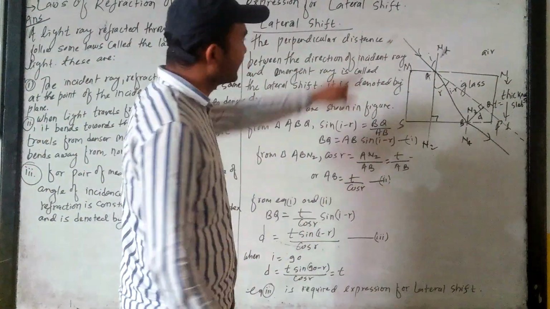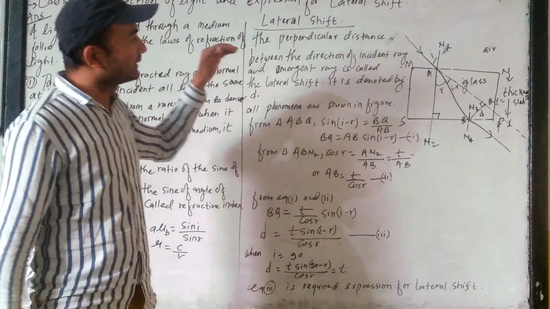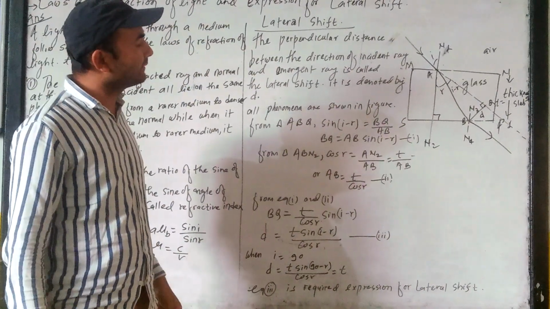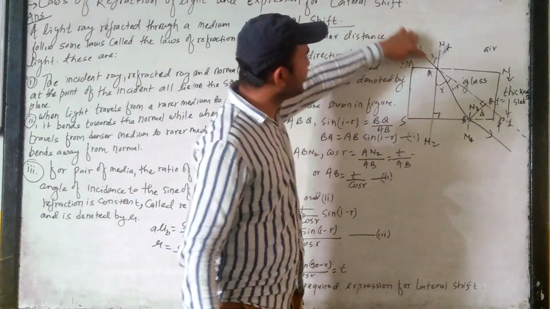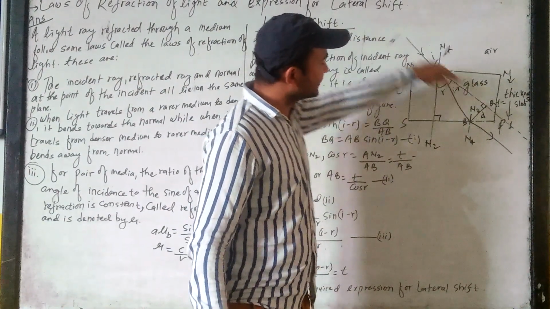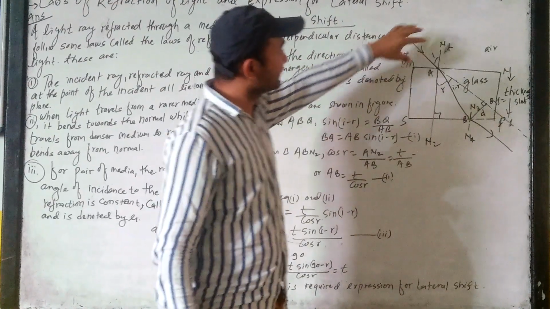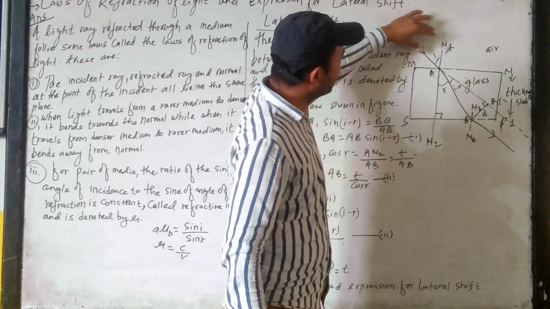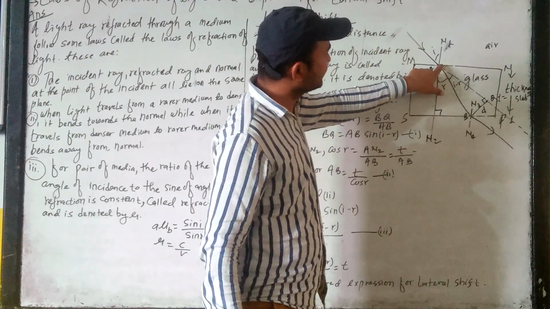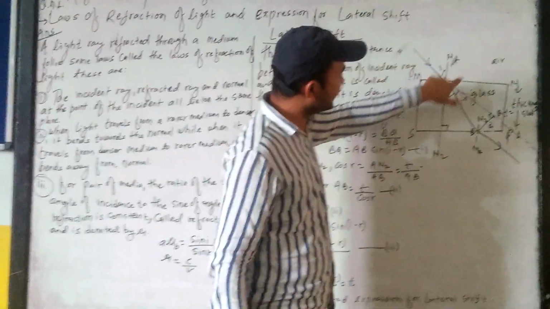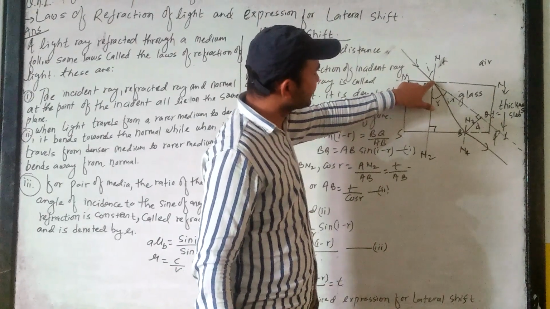Lateral shift is an easy one. When the light is incident on any medium, then the emergent ray. This is the incident ray, and its original direction is this, and it is going from the air to the glass. At this medium, which separates air and glass, at this point, light bends.